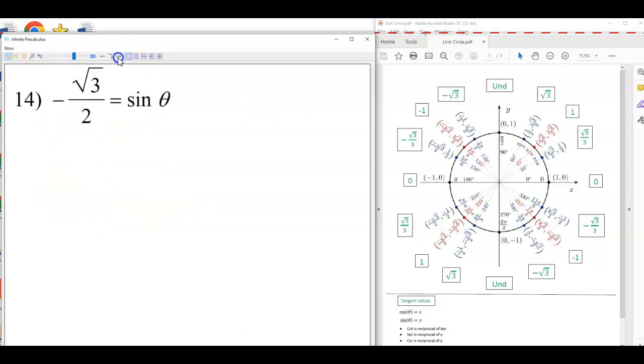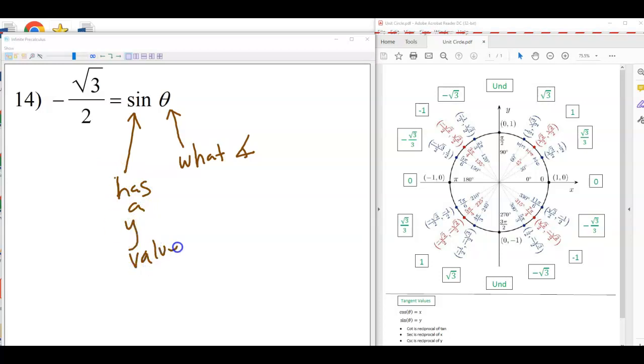Let's take a look at another example here, sine. All right, so what angle? Now that's sine, so that has a y value. So what angle has a y value of negative radical 3 over 2?